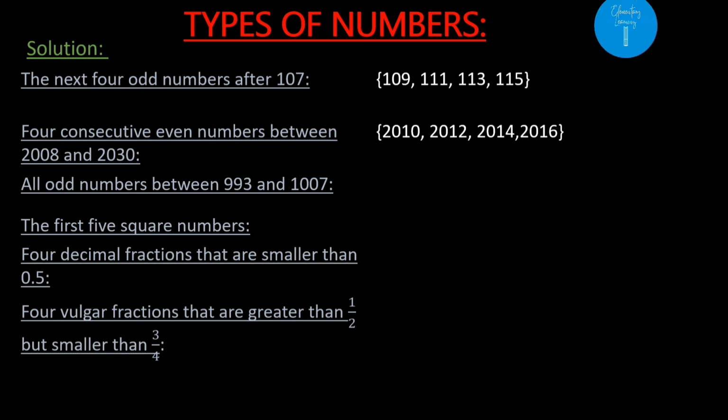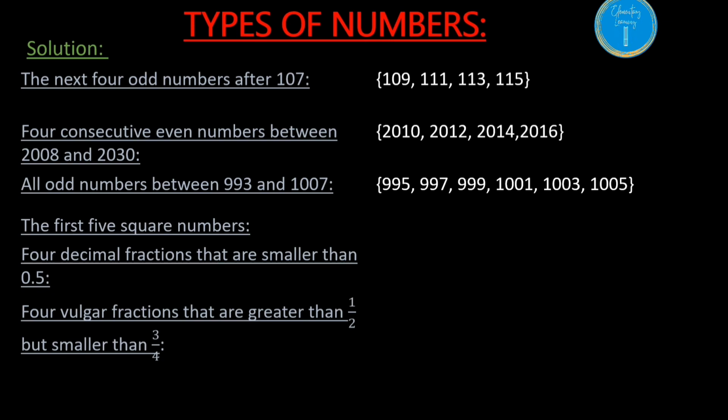But apart from these, you can write any other 4 consecutive even numbers that come between 2008 and 2030. All odd numbers that come between 993 and 1007 are 995, 997, 999, 1001, 1003 and 1005.